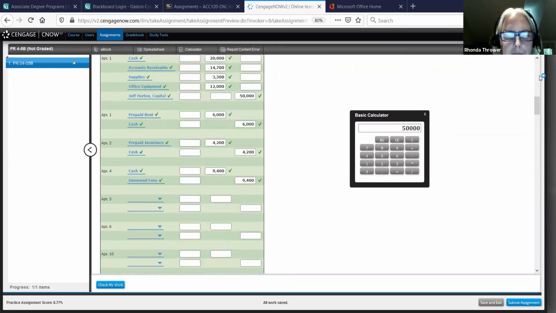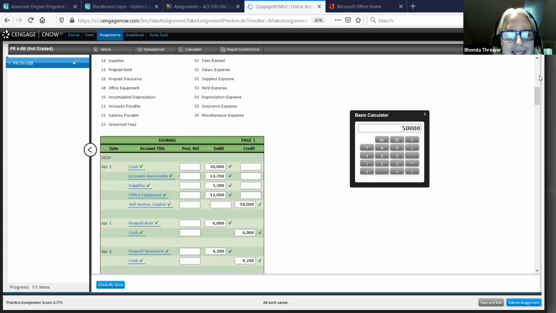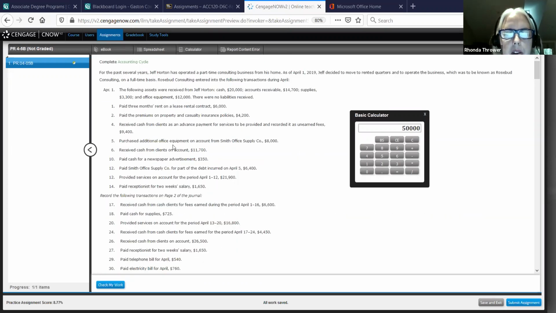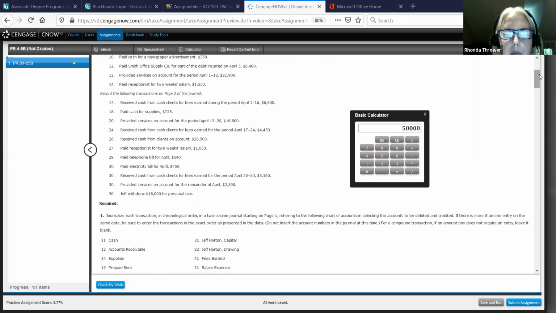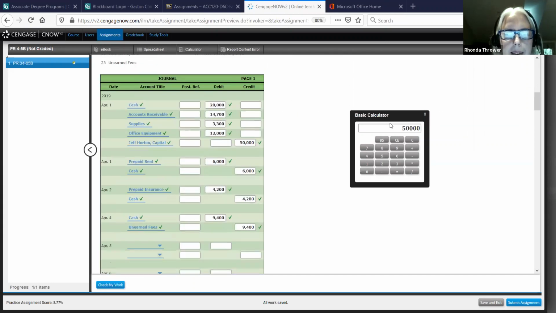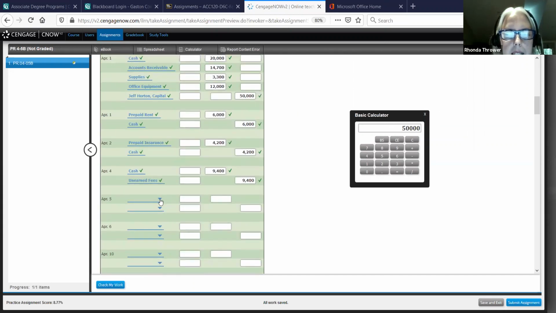Gotta love this technology. All right, April the 5th. We purchased additional office equipment on account from Smith Office Supply Company, $8,000. Well, we're buying office equipment here. So our office equipment account, which is an asset account, is going to be increasing.